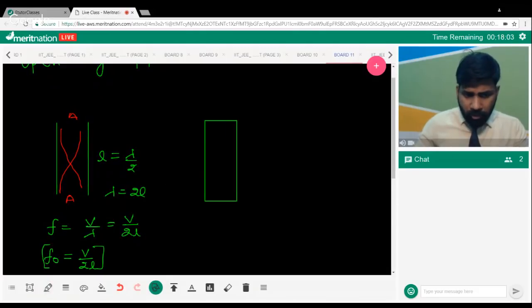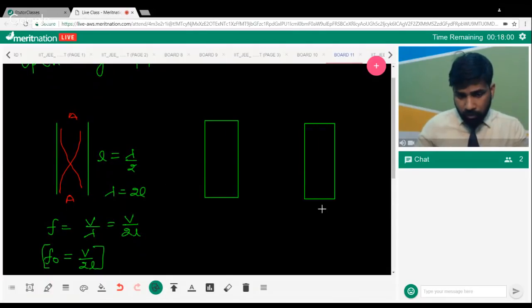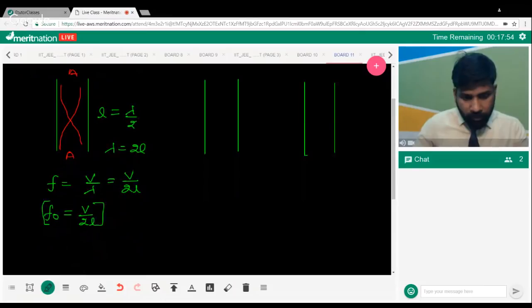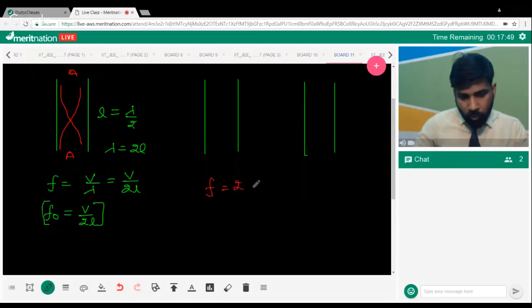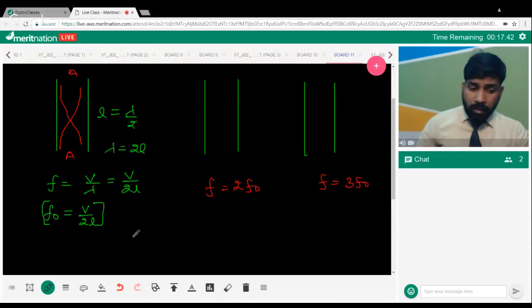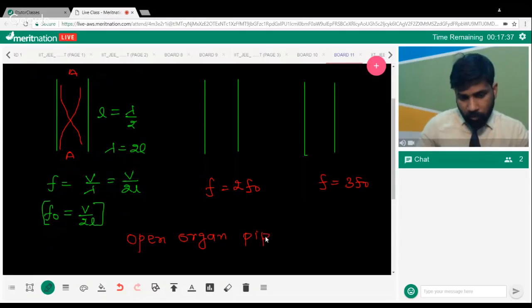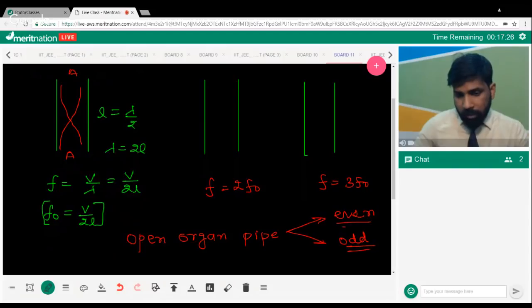Now, similarly you can do the next two cases, and what you'll get here is F equal to, I'm directly writing here, you can do the calculation, 2 times the fundamental, and 3 times the fundamental. So in case of the open organ pipe, we get both even and odd harmonics of the fundamental frequency.